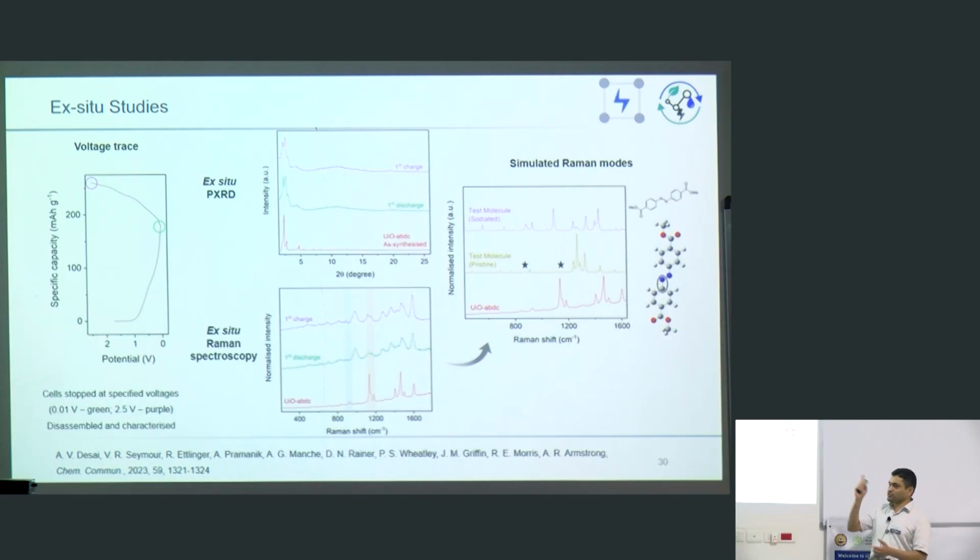The moment the sodium goes out of the structure, this bond is free to stretch again, and you start seeing this particular peak appear again. This is a map that comes as an output from the theoretical calculations. If you compare this output to your experimental data, you can map it up nicely and say that this is the point where the ion insertion has completed at the azo group.